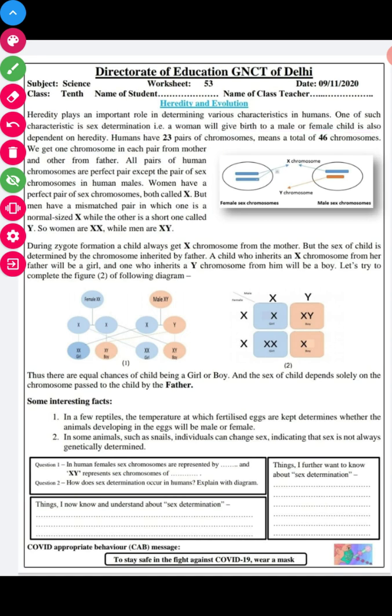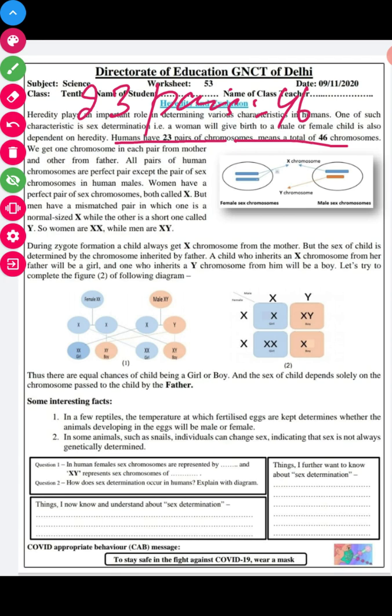As we have already discussed, humans have 23 pairs of chromosomes, that means a total of 46 chromosomes, right?